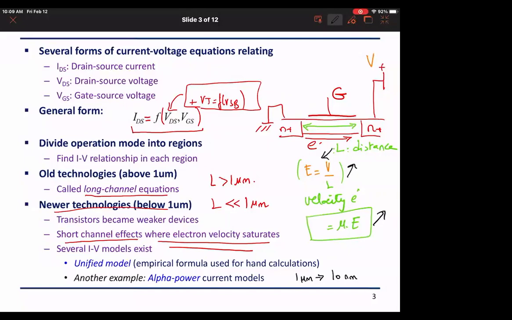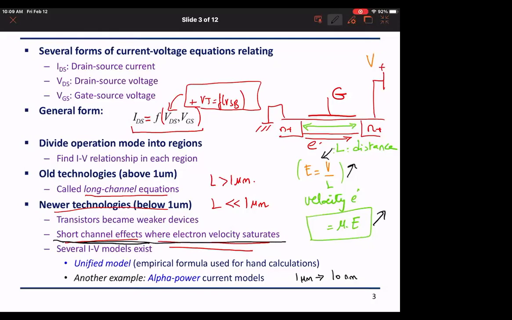No, because we as humans have a limit to our speed, the car has a limit to its speed, and in a similar fashion, the electrons will have a saturating velocity when the dimensions shrink, and this is what we call short channel effects when we are talking about the electron velocity saturation.